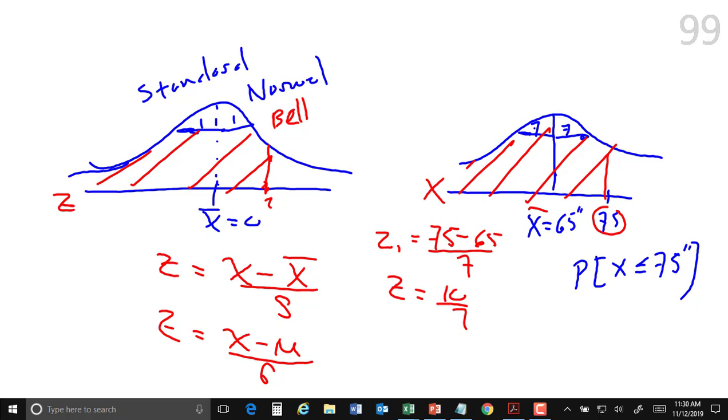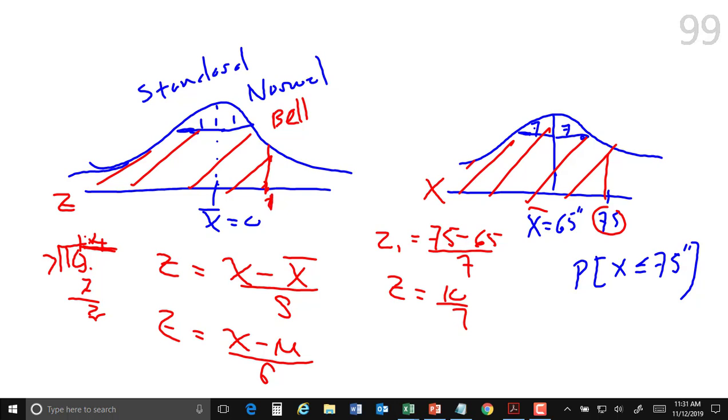So 10 over 7, what do we got? That'll go once, and then 30, so 4. Something around 1.4. Roughly 1.4.